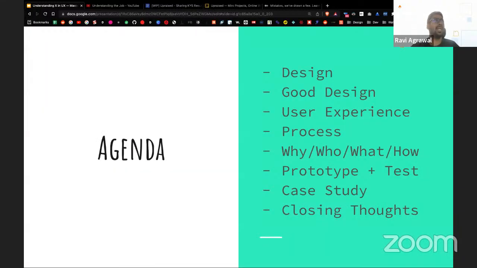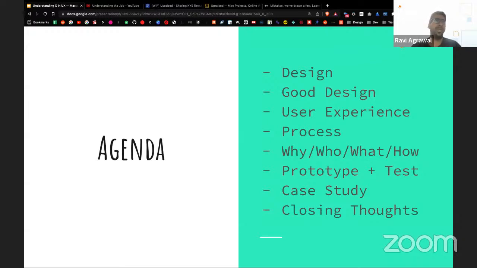Next, I wanted to give you an understanding of what the agenda of the call would be like. The agenda would be majorly what you see on your right. We'll be talking about design. We'll then be talking about good design and how good design leads to good user experience. What is the process of getting a good user experience out?